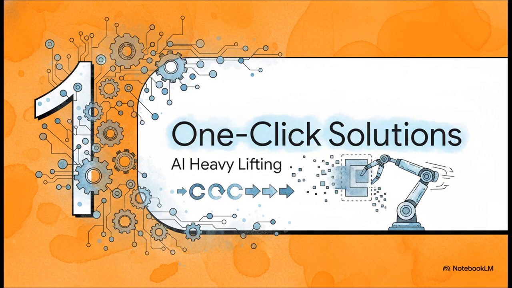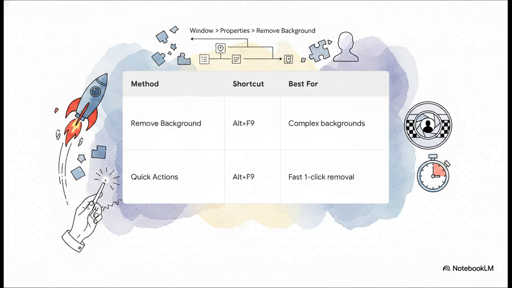Step 1. Instant one-click solutions, where we basically just let AI do all the heavy lifting. When you are strapped for time, these one-click tools are absolutely your best friend. There are two incredibly fast methods here: remove background using AI and quick actions. And the great thing is, both are accessed the exact same way. You just select your layer, pop up to Window, then Properties, and hit Remove Background.